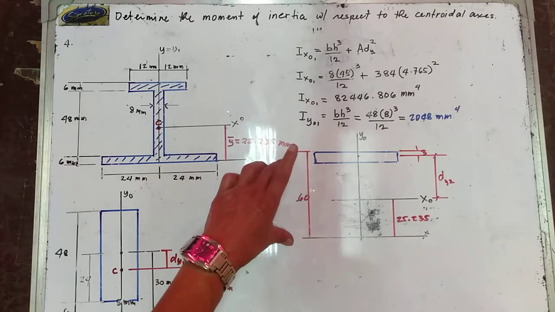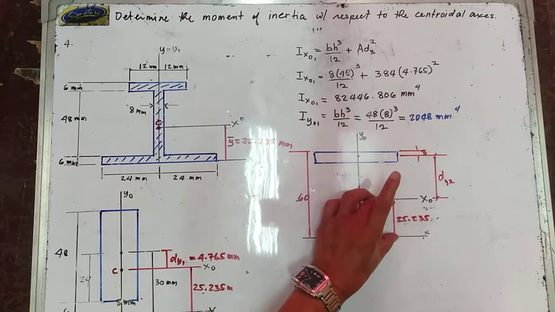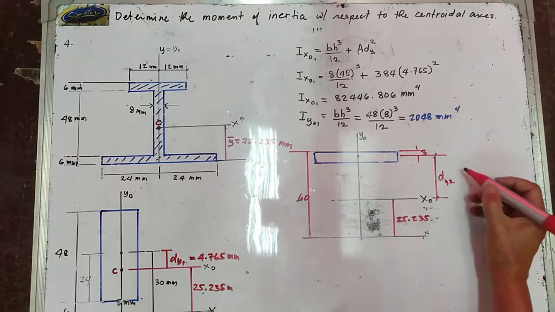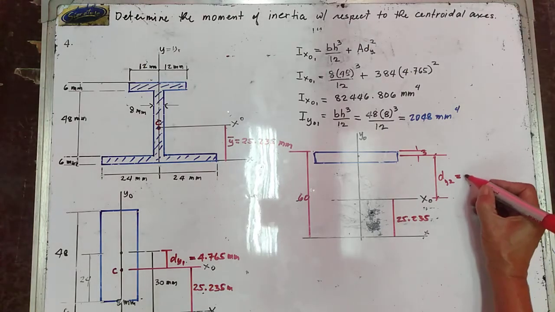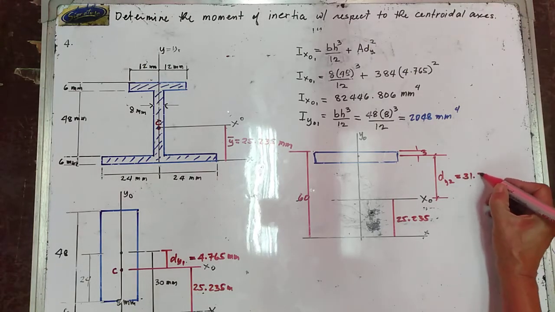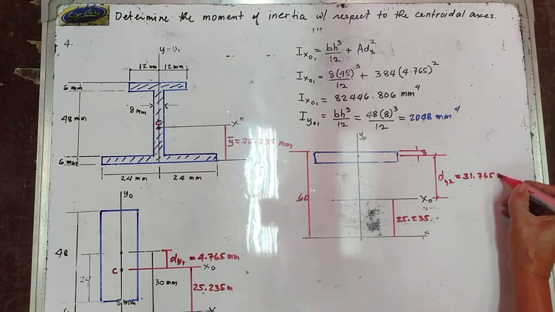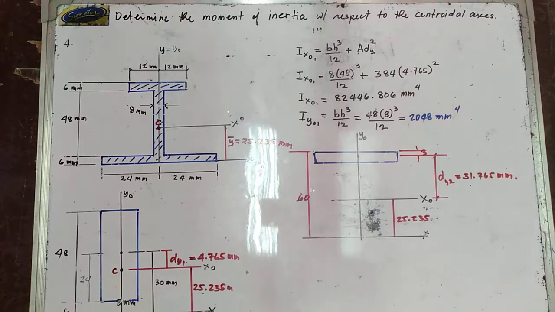So 60 minus 3 minus 25.235 is now your dy2. So the value of dy2 is now equal to 31.765 millimeter. So we're now ready to determine the moment of inertia with respect to x of O.